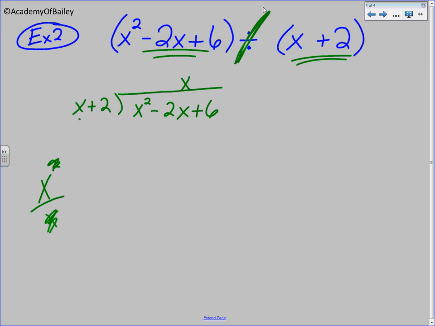And now multiply. X times x and x times 2. X times x is x squared, and x times 2 is a positive 2x. Remember that we are subtracting. So if you want, this becomes a plus, this becomes a negative, and this one also becomes a negative.